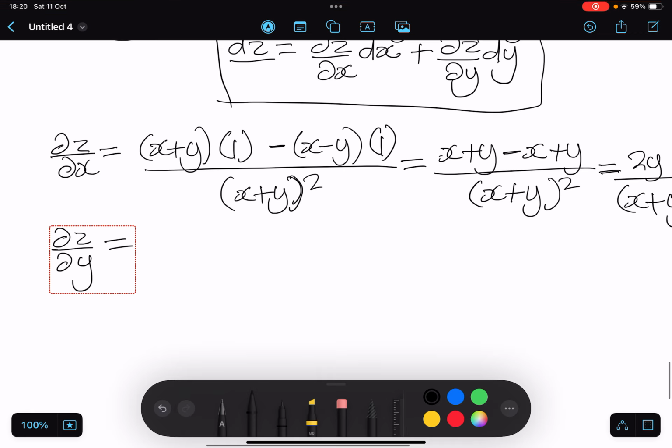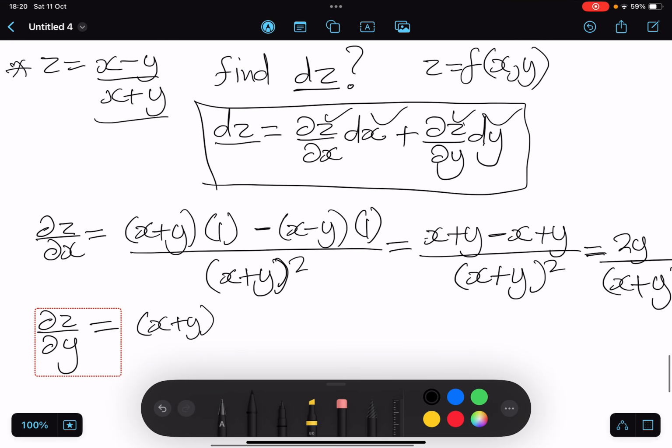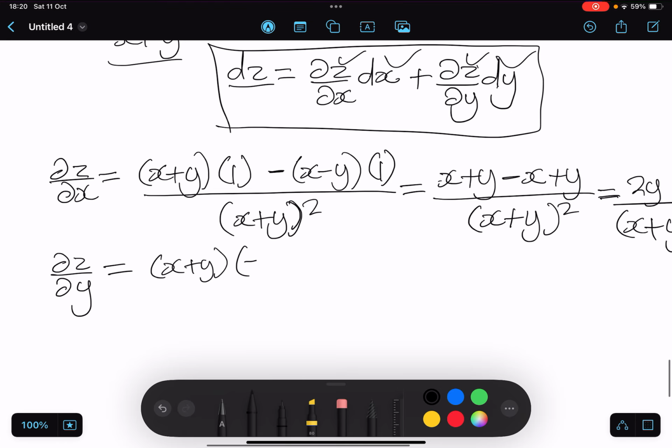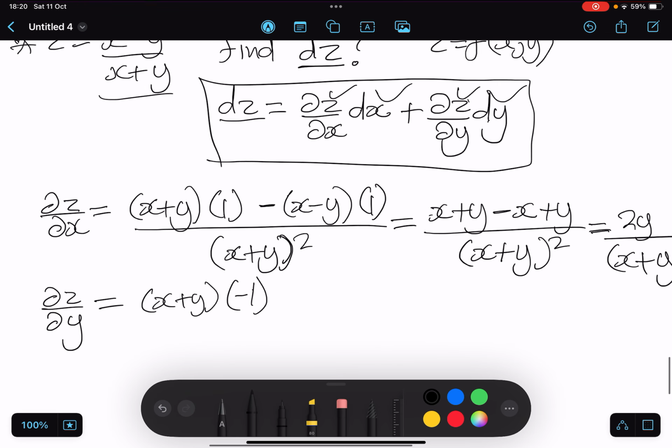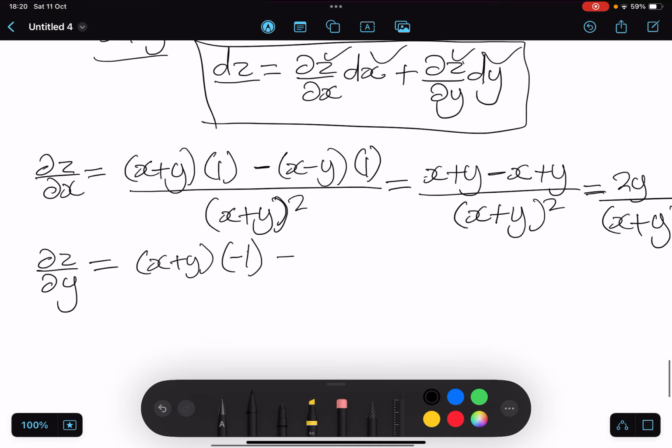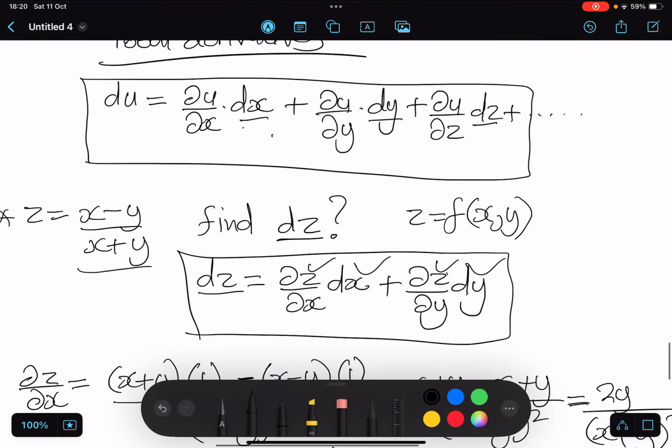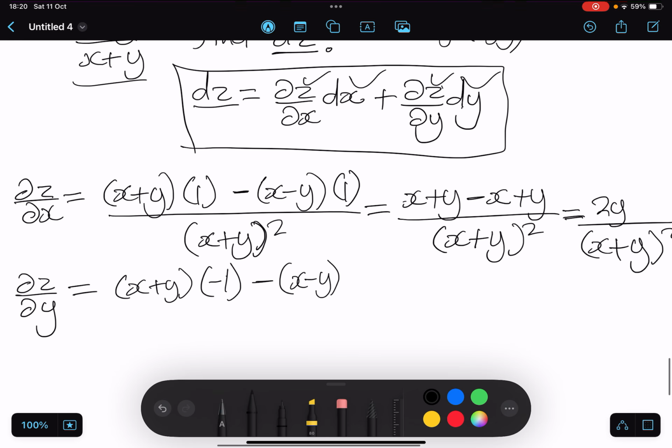When you're using the chain rule, you're going to have x plus y. Then differentiate the numerator with respect to y. We are going to have minus 1, and then minus the numerator times the derivative of the denominator with respect to y, which is 1, all over (x plus y) squared.